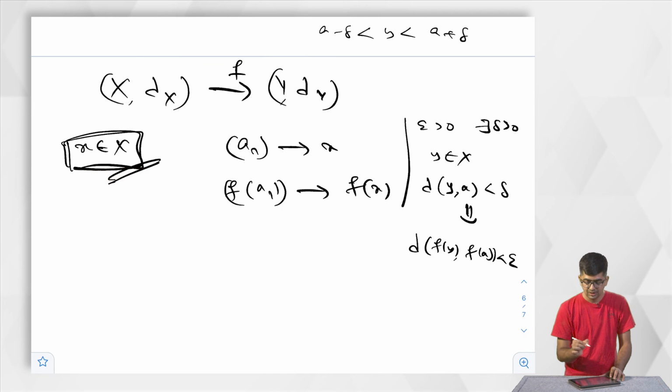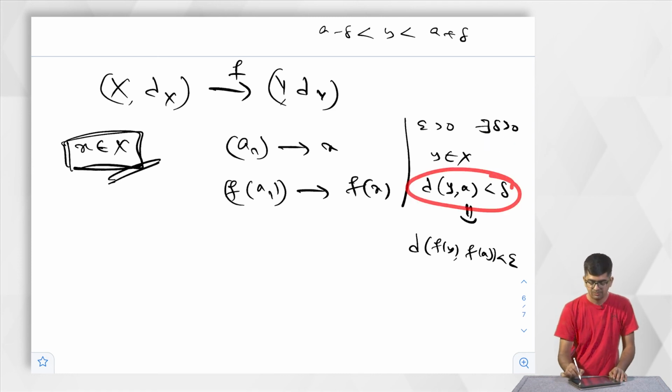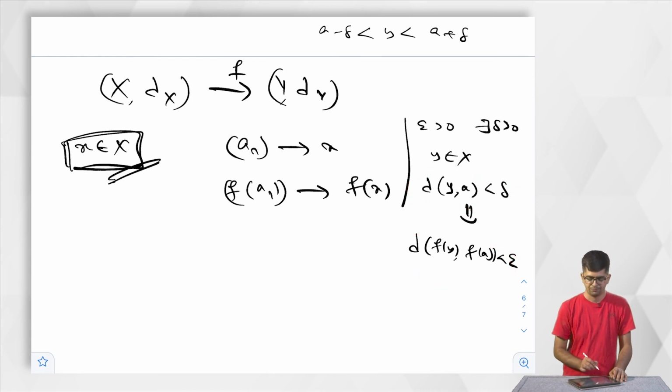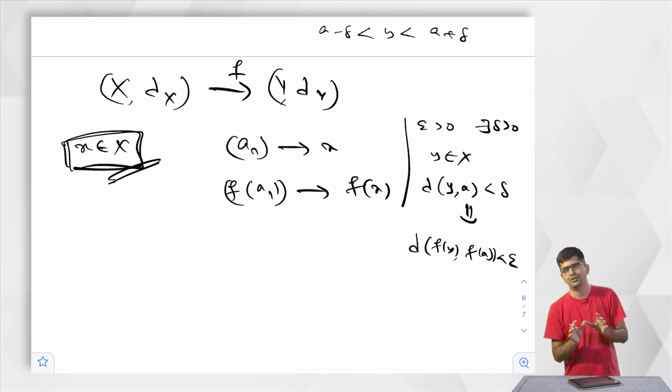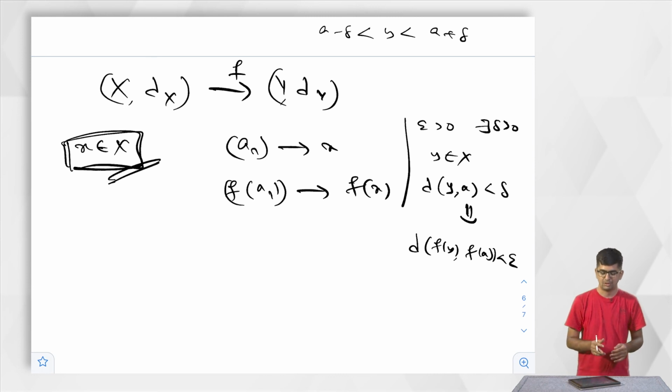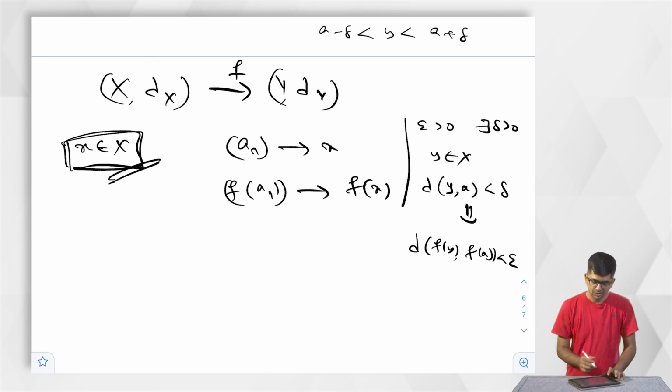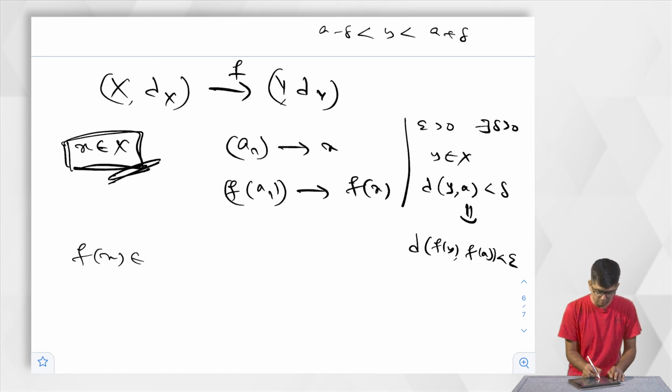Then, given epsilon positive, there is delta positive such that whenever y has this property, f of y has this property. This phrase you will also learn when you study topological spaces, topology and all that. So what is happening is the following. For fixed x, the corresponding element f(x) belongs to Y here.